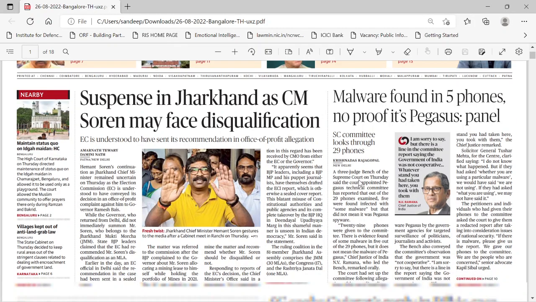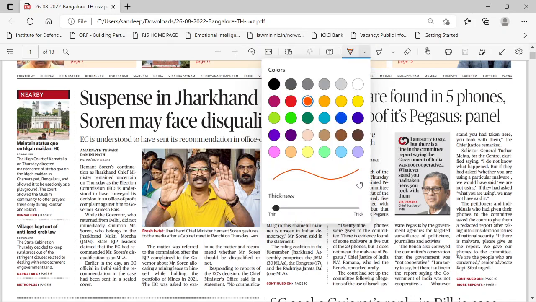where the first issue is about suspense in Jharkhand as CM Soren may face disqualification. Now, this is a very important issue from politics. So in polity, you have a term called office of profit. Fine. There is a term called office of profit.